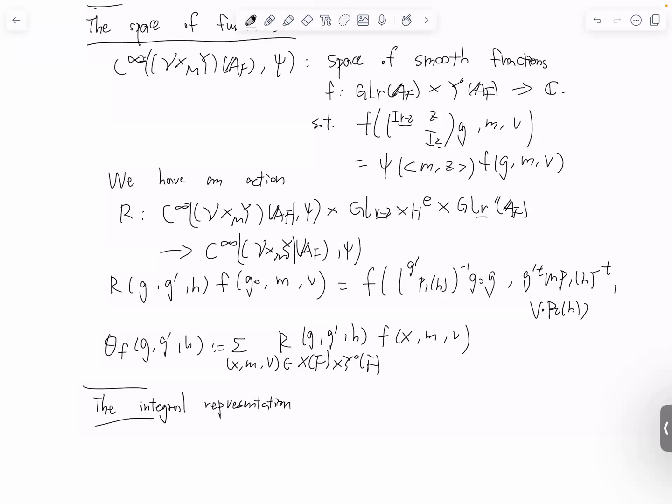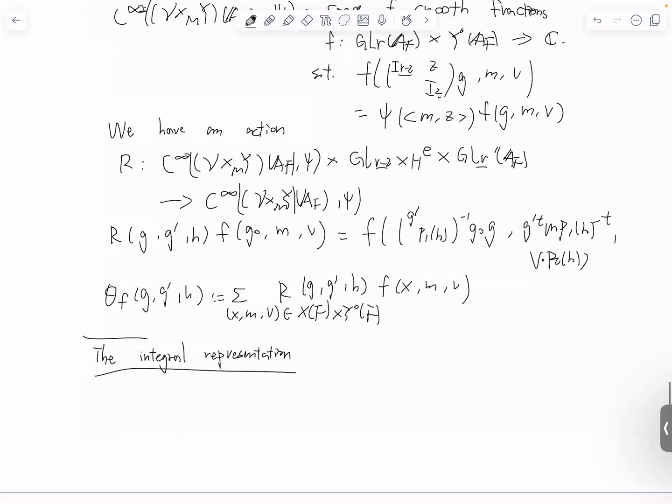So the zeta integral F v prime s prime s naught is defined to be the integral over the quotient of GR minus 2 cross the quotient of HE cross the quotient of GR underline.